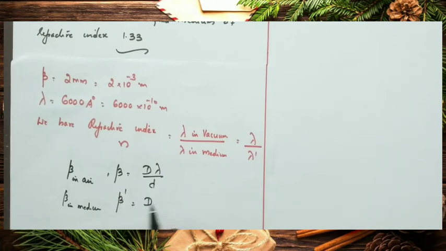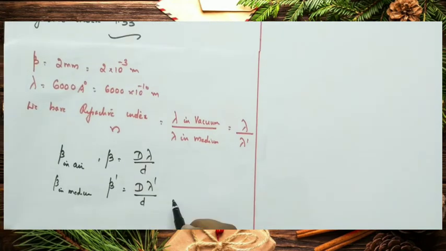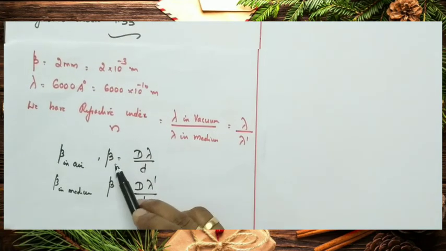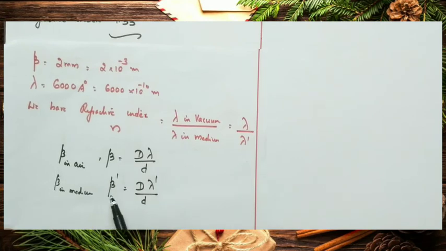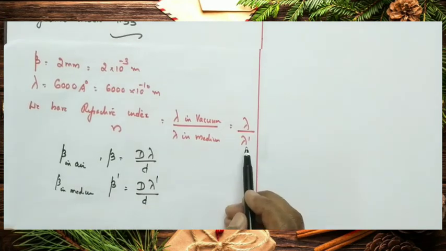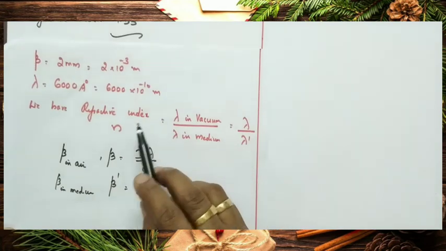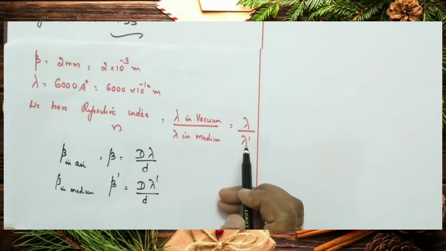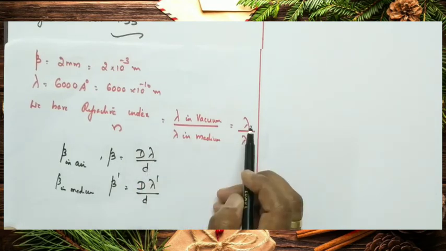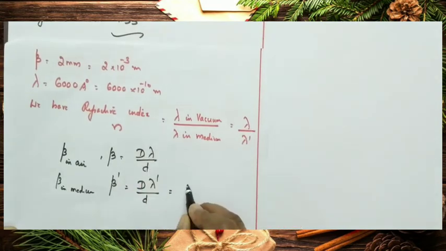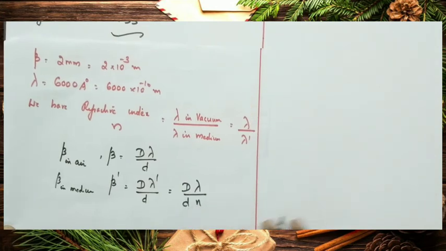Beta dash is equal to D lambda dash divided by d. What is lambda dash? Using the formula n equal to lambda by lambda dash, lambda dash is lambda divided by n. So we can write D lambda divided by n into small d.